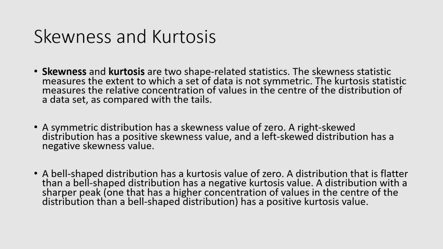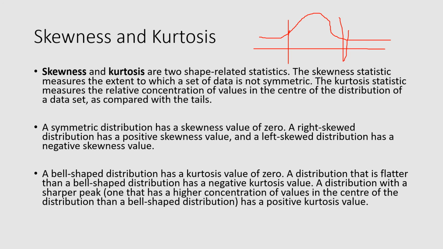A symmetric distribution is this. There you go. It has equal parts on each side. Then the skewness value is 0. But if it's right skewed, then it has positive skewness.